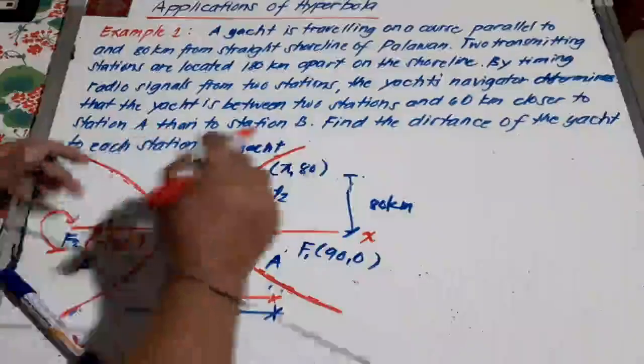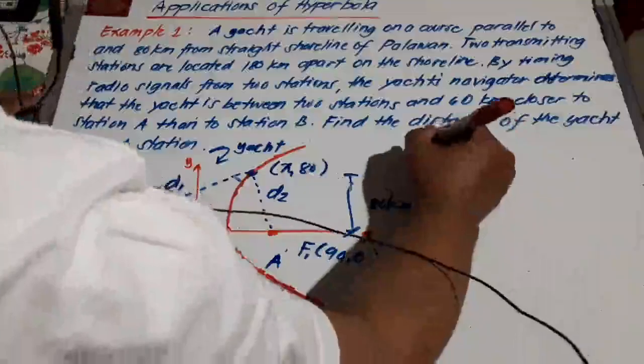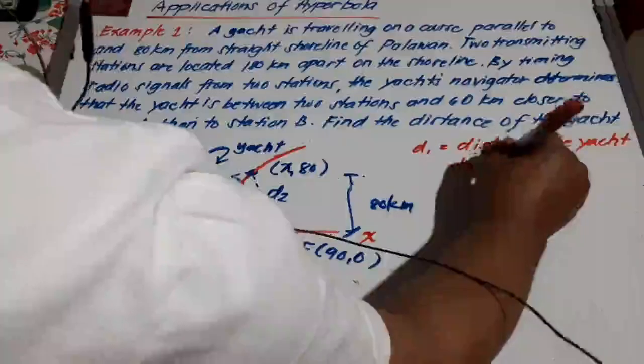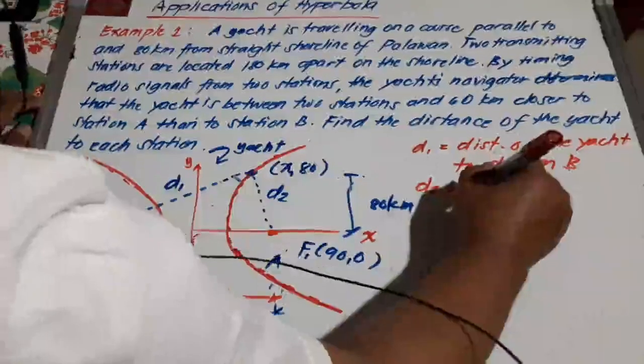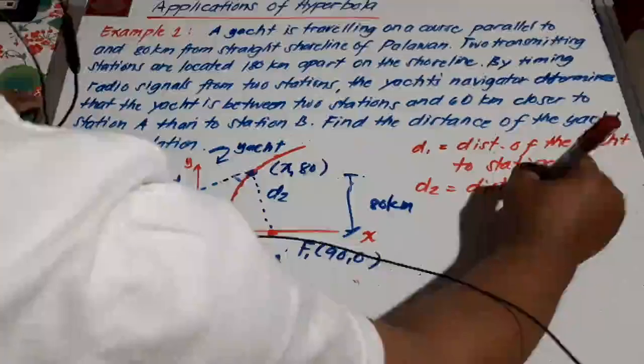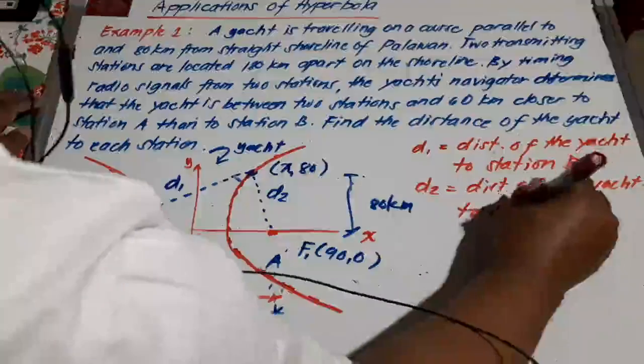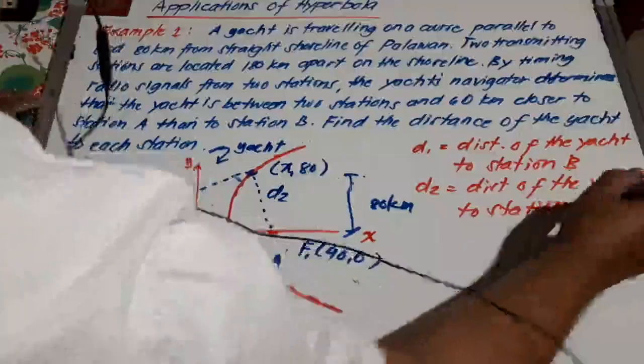Yung D sub 1 natin, distance of the yacht to station B. And D sub 2 is distance of the yacht to station A. So, yun ang kailangan natin.